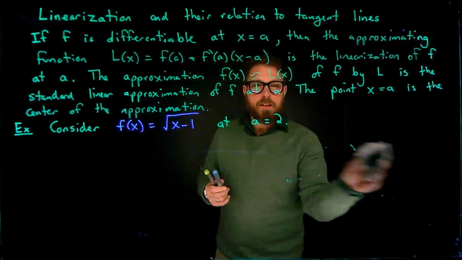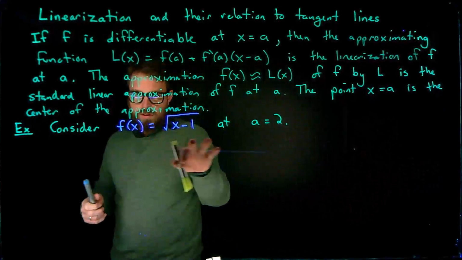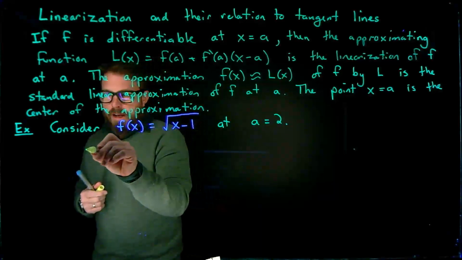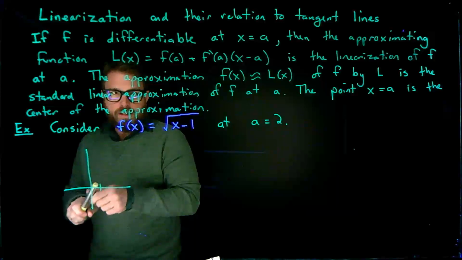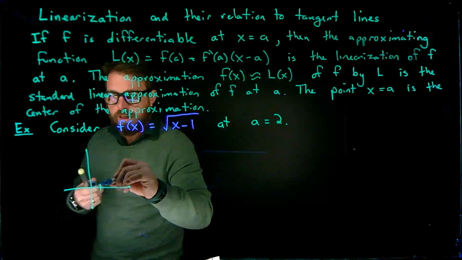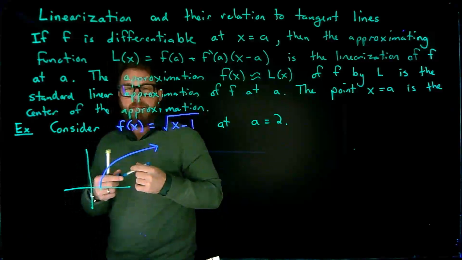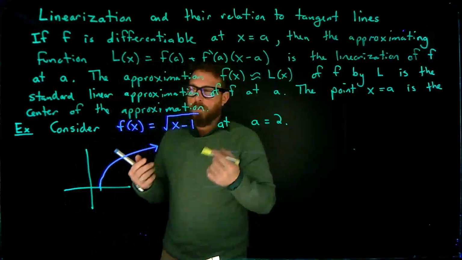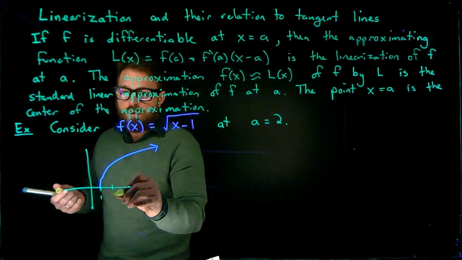Now let's graphically see what I'm talking about here. I've chosen this radical function, and I know that it's been shifted to the right one. So we know that this square root function is going to look something like this. Now I want to approximate this function around not 1 but around 2.